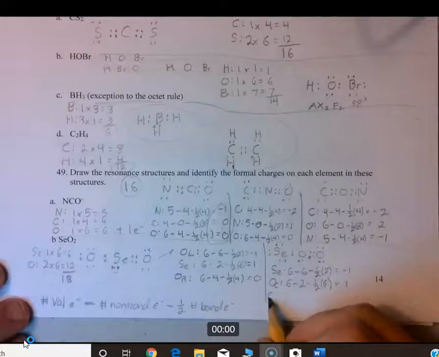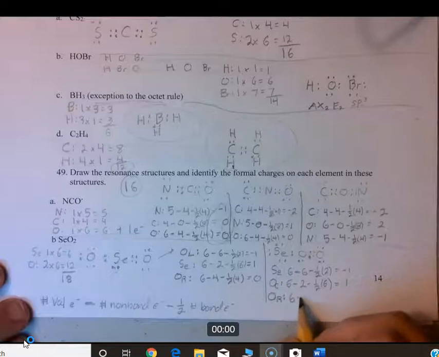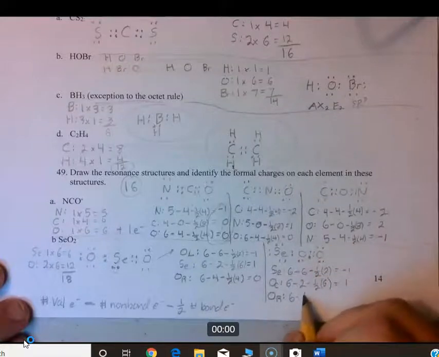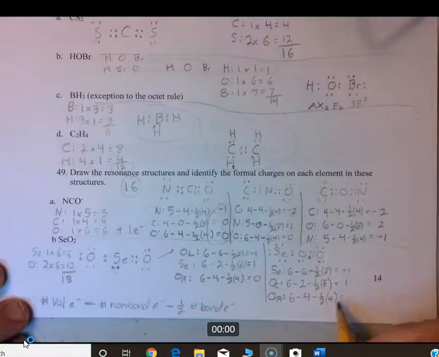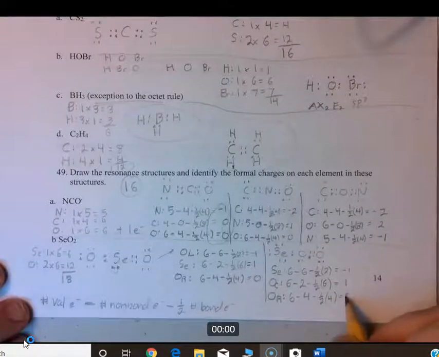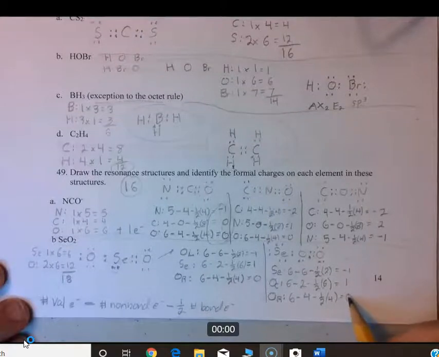And then finally we have the O on the right, O sub R. That's going to be 6 minus 4, minus half of the bonding, which is half of 4. 6 minus 4 is 2, half of 4 is 2, so you subtract, you get 0. So you get exactly the same numbers, -1, 1, and 0, -1, 1, and 0.